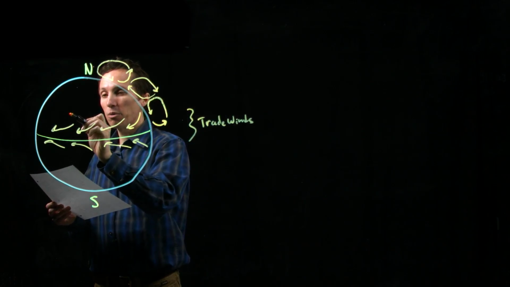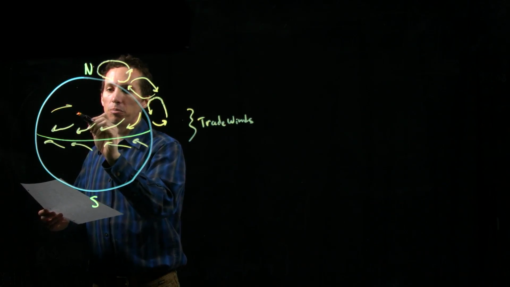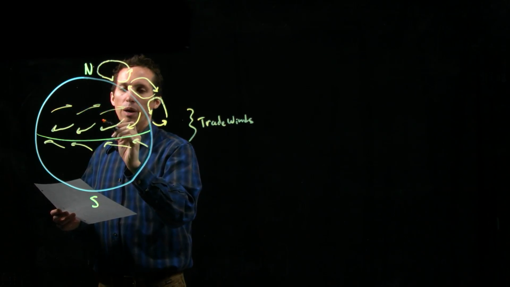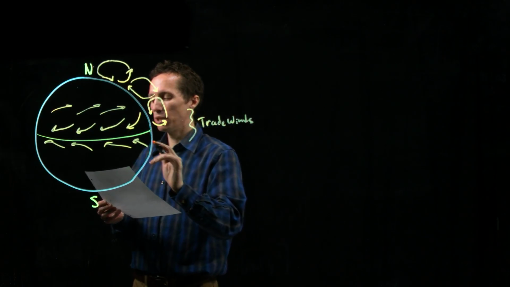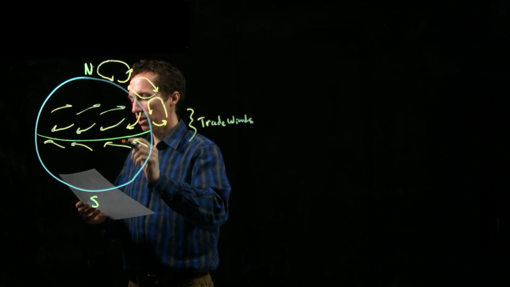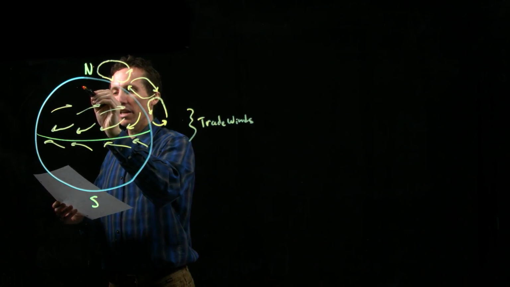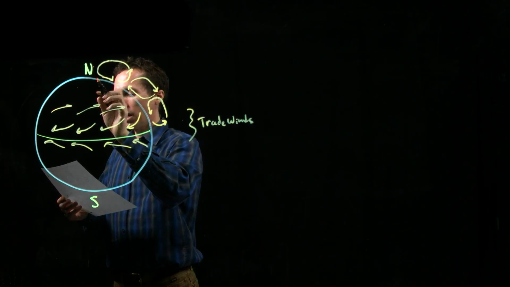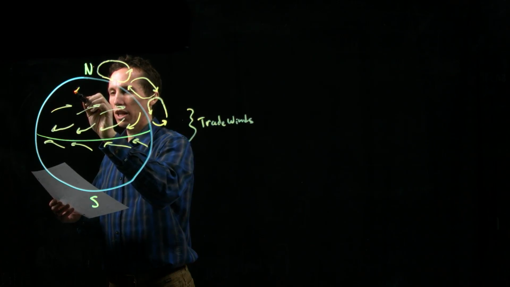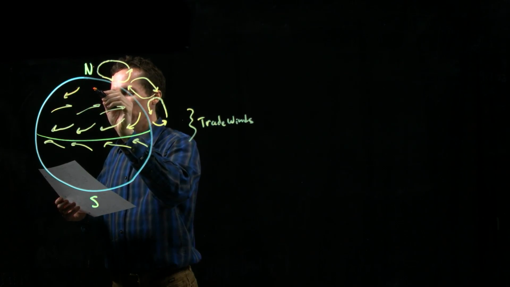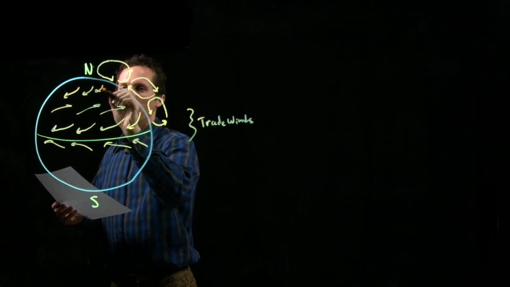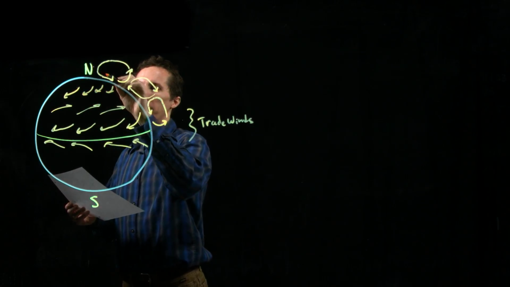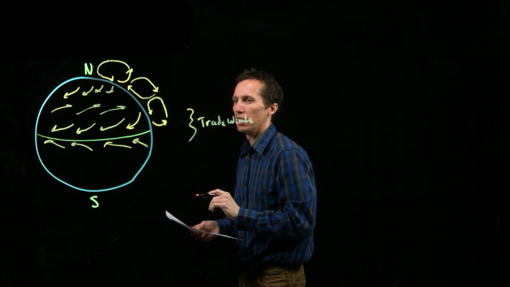To the north of that, we've got the westerlies, which are blowing primarily towards the east. And they do get slightly deflected to the right as well. And then in the very high northern latitudes, we've got the polar easterlies, which are moving back in the other direction, corresponding to this surface recirculation here.